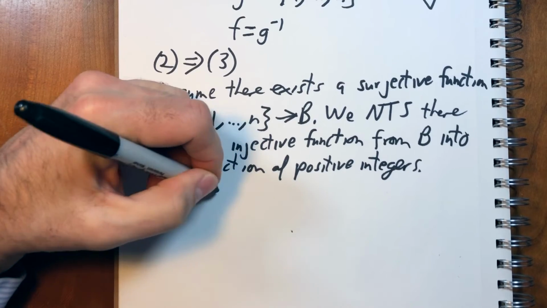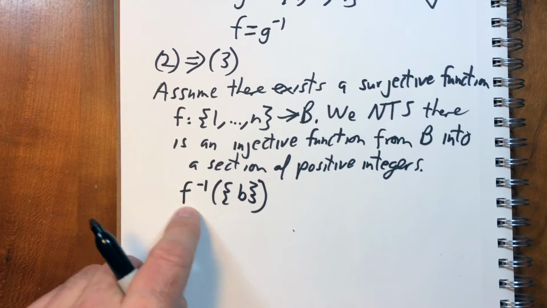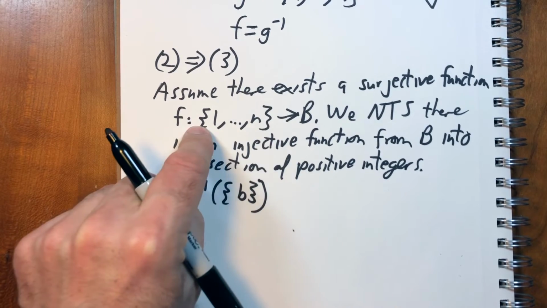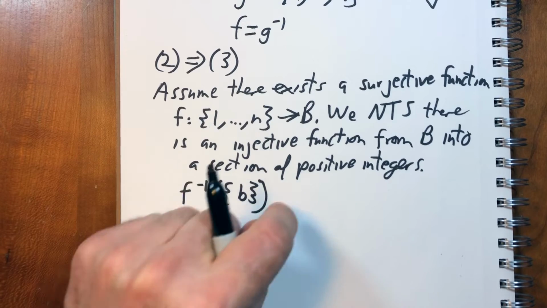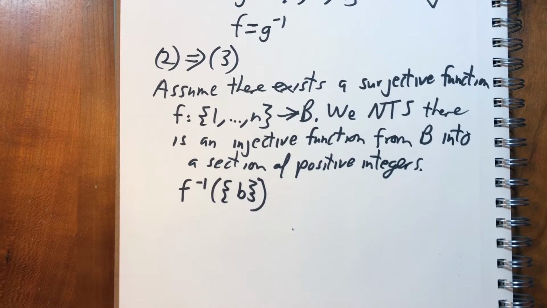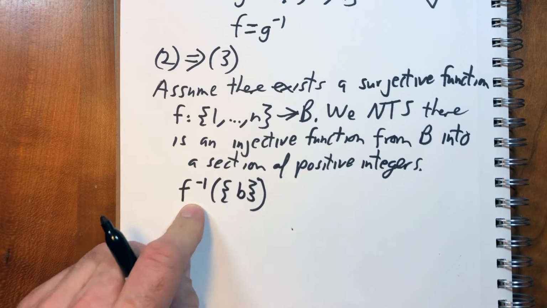So let's look at the pre-image of one element of B. This is the set of all of the elements of the domain from 1 to n that f sends to b in B. Because f might not be injective, there might be several elements in here.